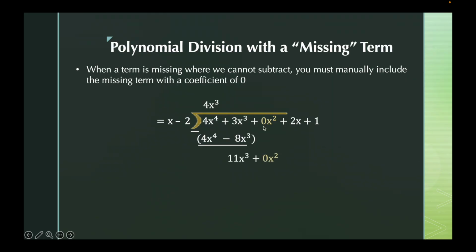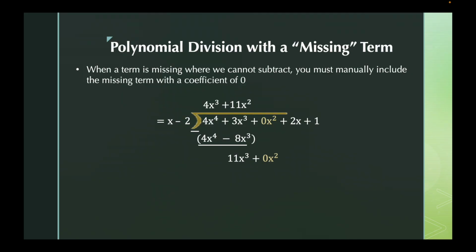So if I go back to where I was, I will, in this case, do the 4x to the 3, multiply everything, subtract everything, but instead of bringing down the 2x like I did in the last slide, I'm going to bring down this new 0x squared. Once I multiply my 4x cubed into this binomial, I get my 11x squared.